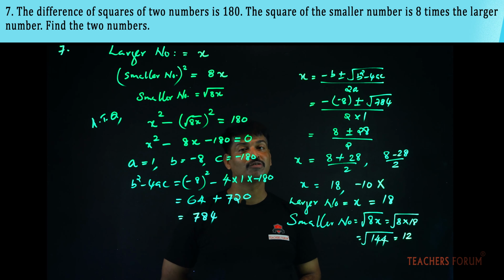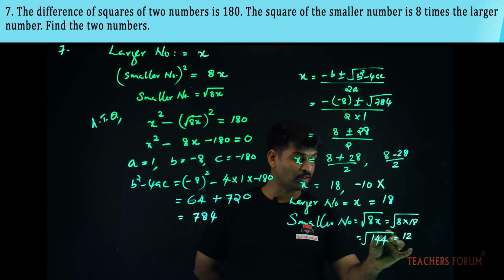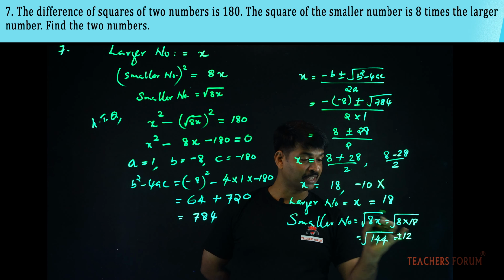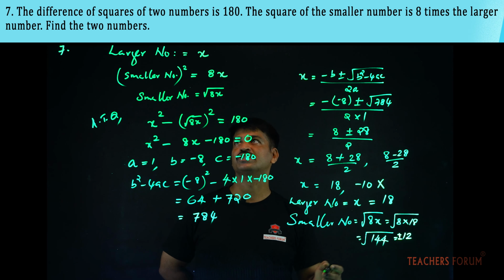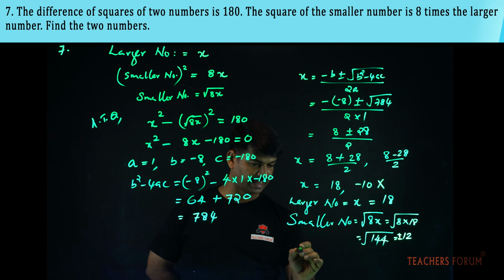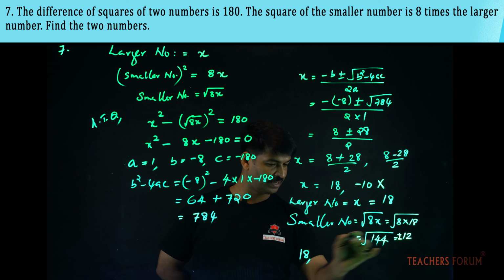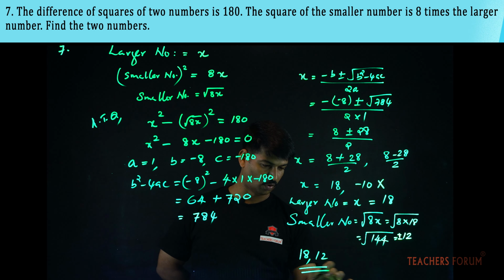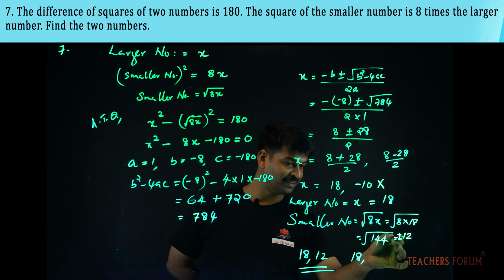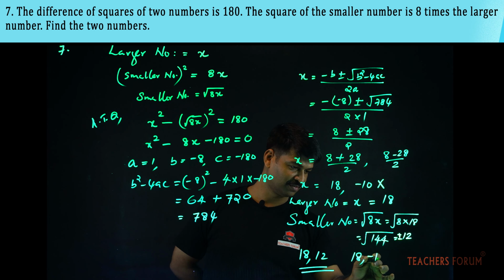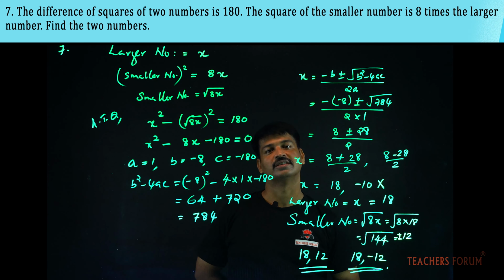What is the square root of 144? The square root of 144 is plus or minus 12. Okay. So the possible numbers are, if the larger number is 18, the smaller number can be plus 12, or if the larger number is 18, the smaller number can be minus 12. Okay. So these are the solutions.